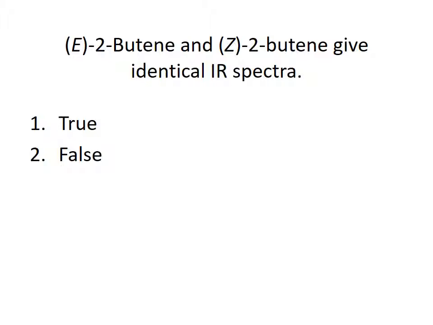Cis or trans double bonds actually have differences in dipoles, so the intensity of the carbon-carbon double bond would be different between these two. And not only that, the vibrational modes are going to be different when you have bonds on the same side and bonds on the opposite side. So no, they would not have identical spectra. They would be similar, but definitely not identical.